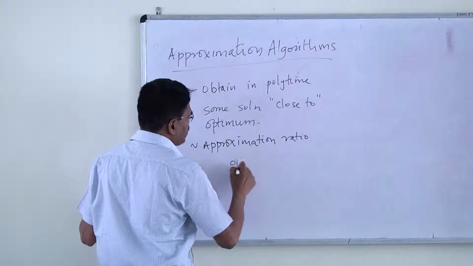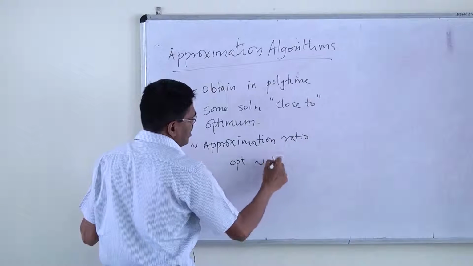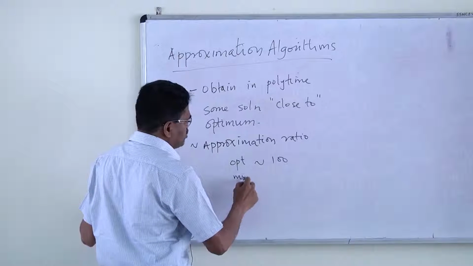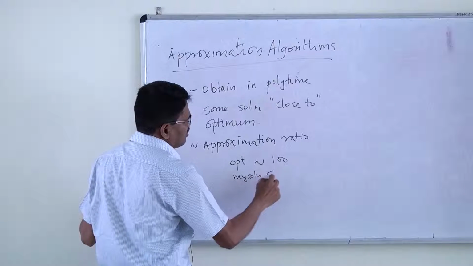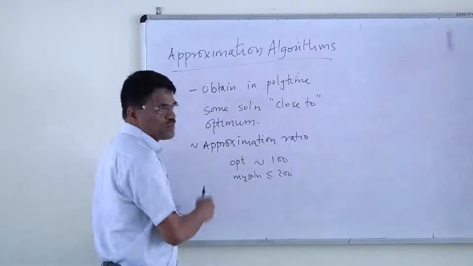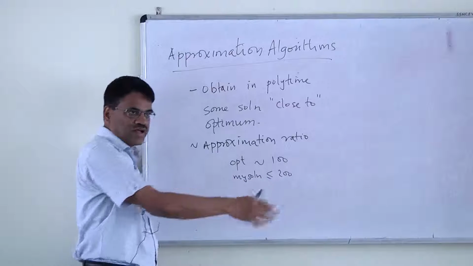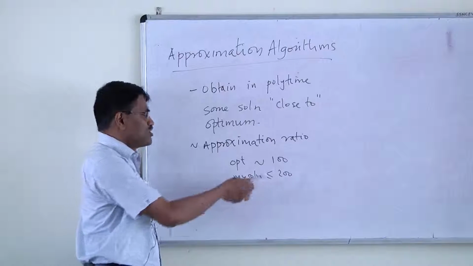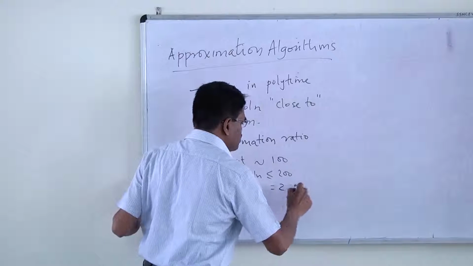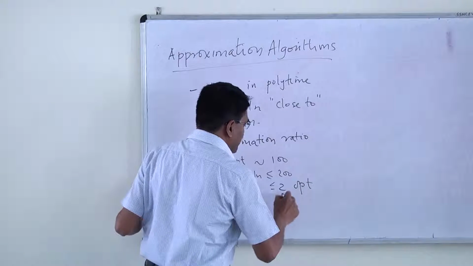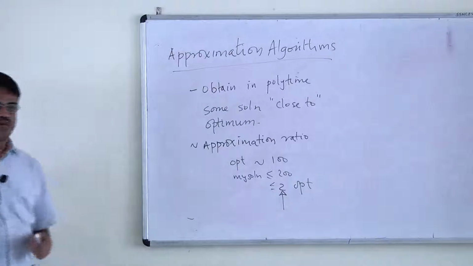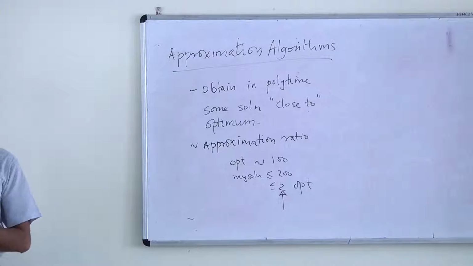If the opt value is something like 100, and I'm talking about a minimization problem, and my solution is never more than 200, then I am at most 2 times optimum. In minimization problems I'll produce something larger, but suppose I am able to show that it's at most 2 times opt, then I care about this approximation ratio. How close to the optimum do I get in polynomial time?